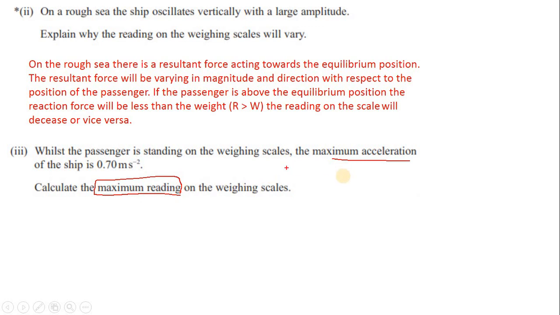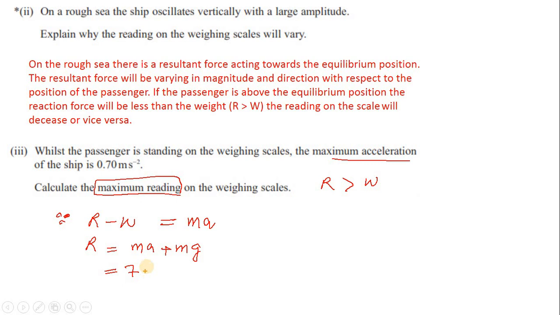Maximum reading means R is maximum, R is greater than W. That means it is at the bottom of the wave, and at that moment the resultant force, R minus W, would be equal to ma. So R is equal to ma plus mg.